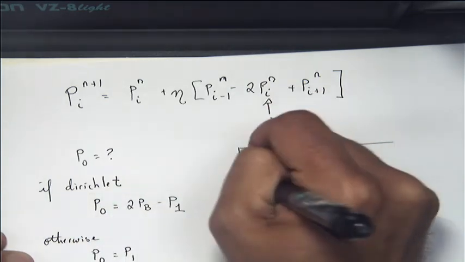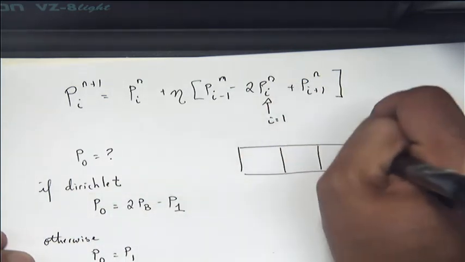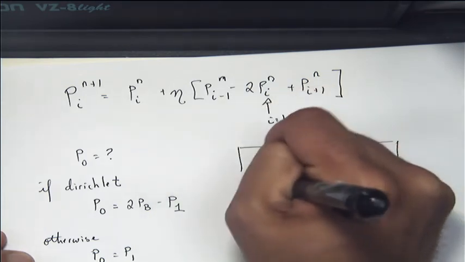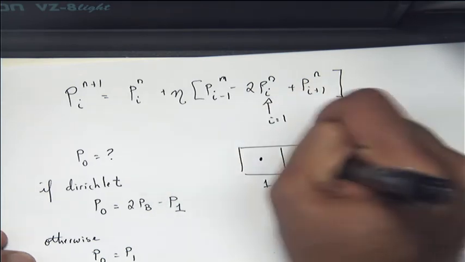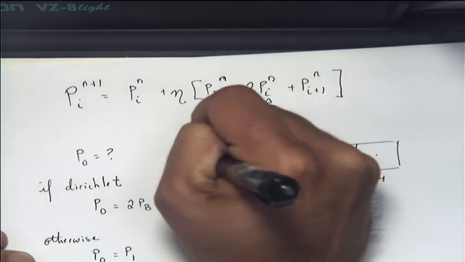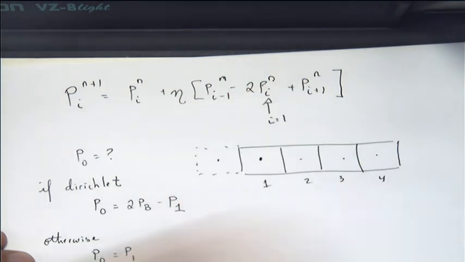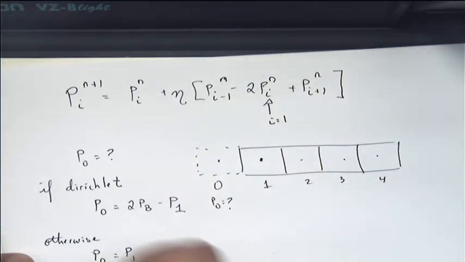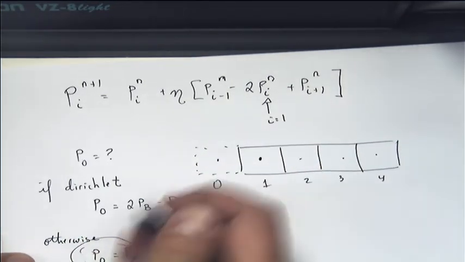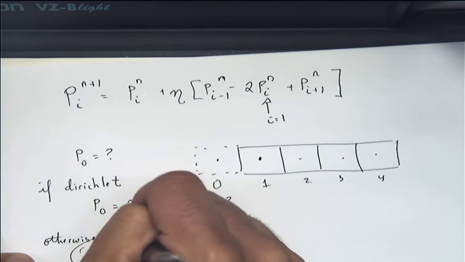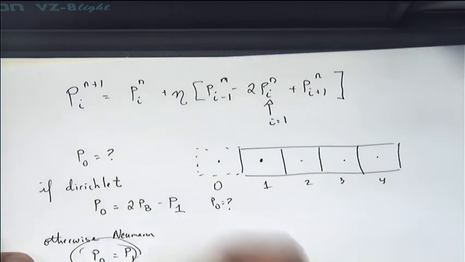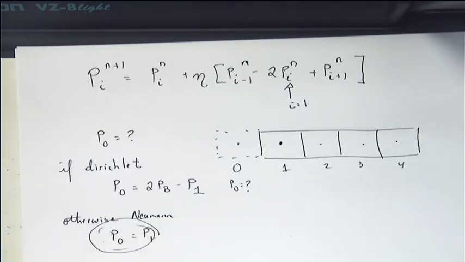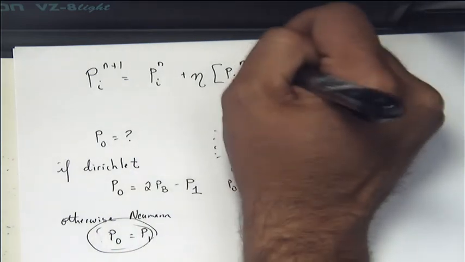We had my grid blocks. This is block number 1, 2, 3, 4, etc. This is an imaginary block P0. If it was a Neumann condition, no flow, we say P0 is equal to P1.